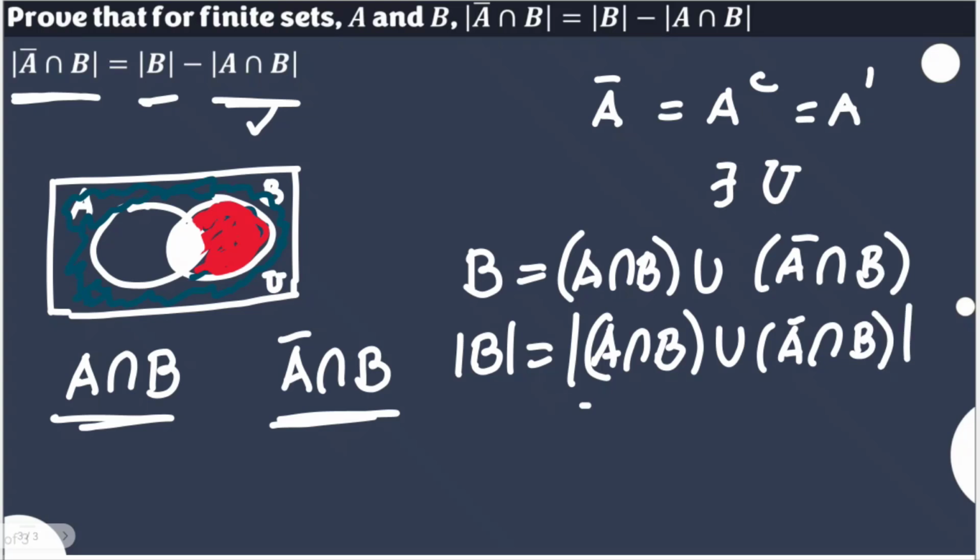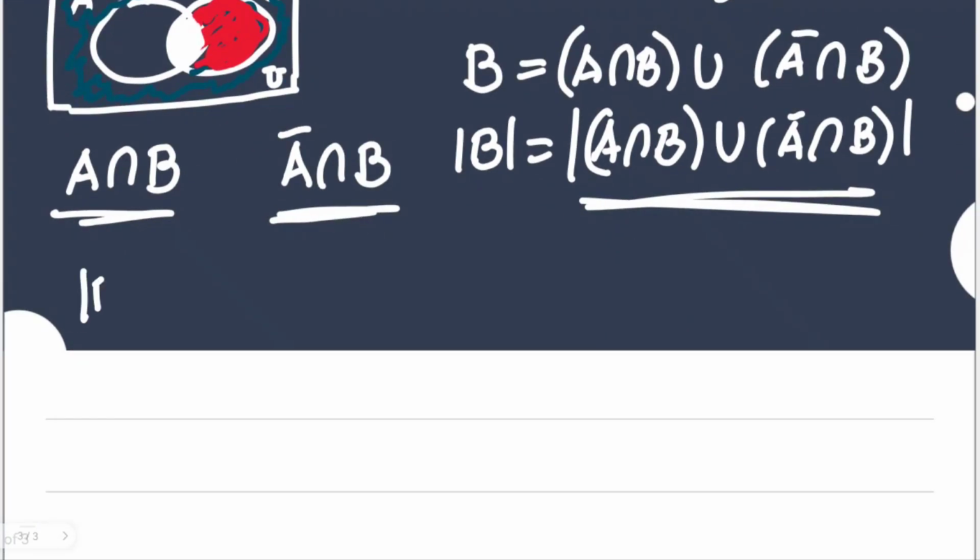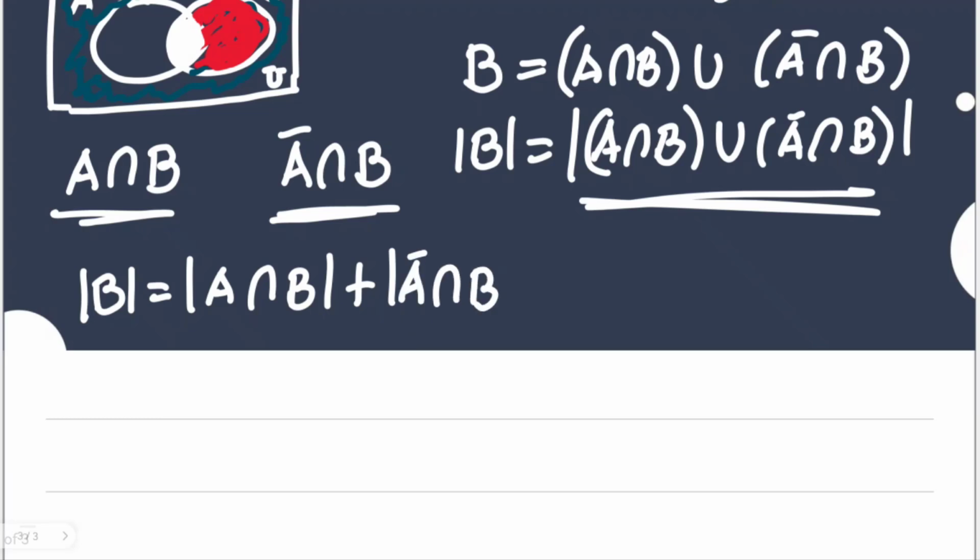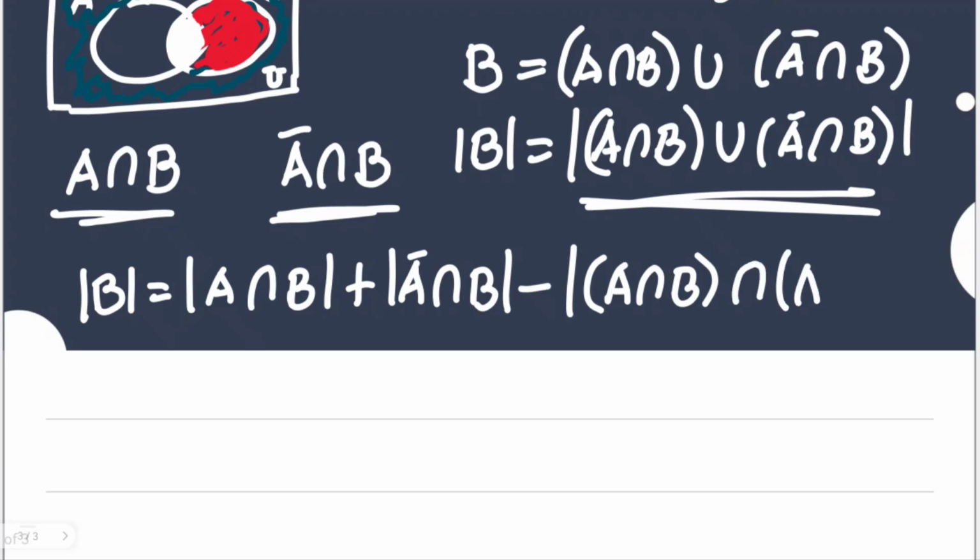Now this talks about the union of two objects. According to the principle of inclusion and exclusion, we can break this into portions. So the cardinality of B is equal to the cardinality of the first, A intersection B, plus the cardinality of the second, the intersection of A complement and B, minus the cardinality of the intersection of the two, according to the principle of inclusion and exclusion.